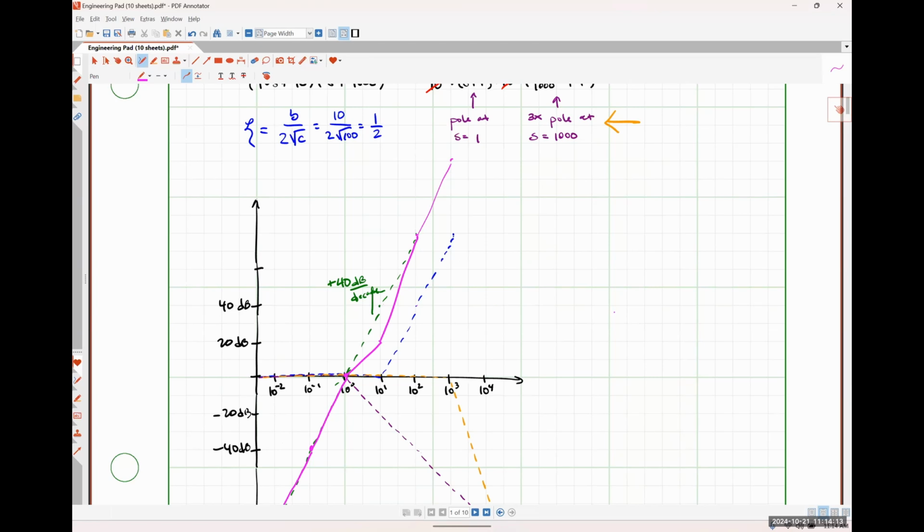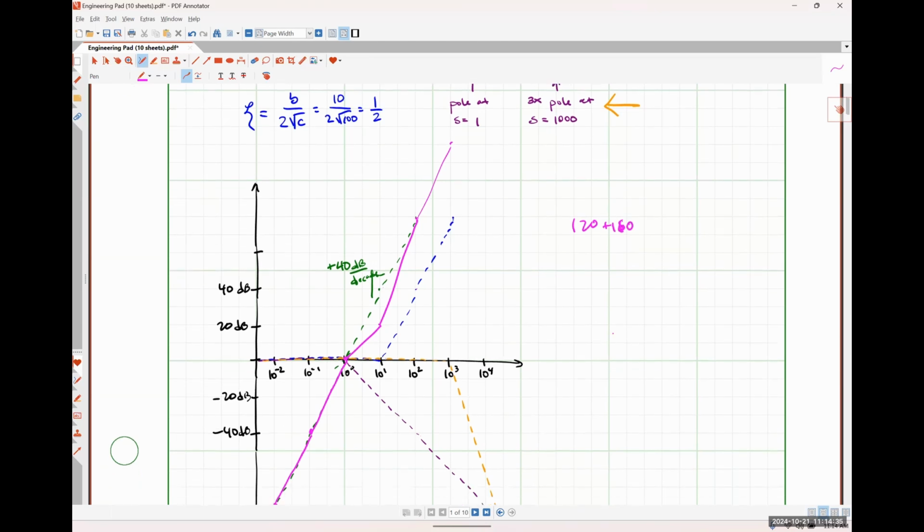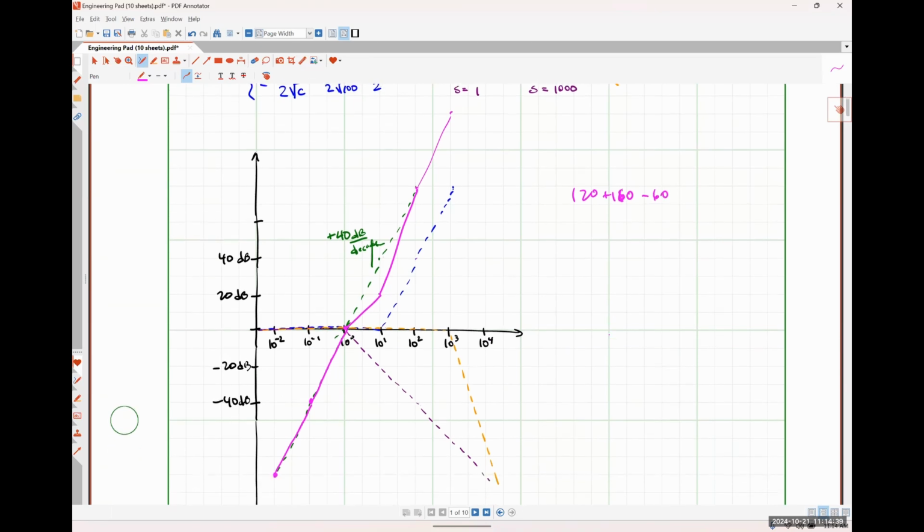And then at 10 to the 4, we would have 40, 80, 120, 160, plus 120, plus 160, minus 60.